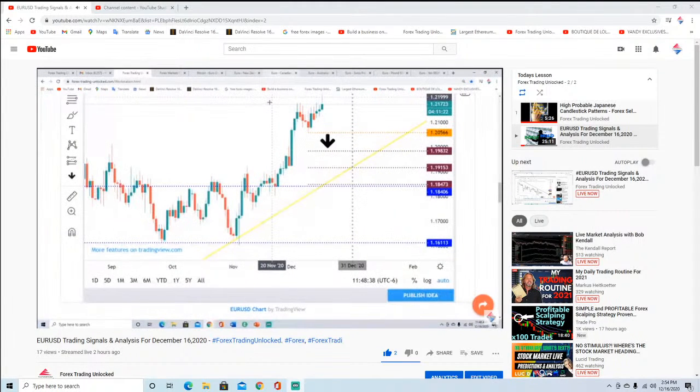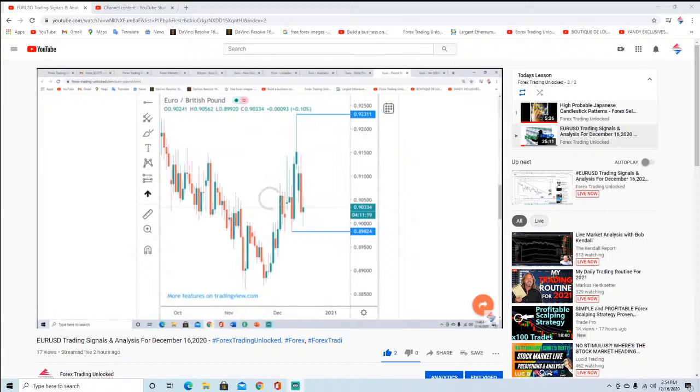So for the euro and the pound, the euro pound, as you can see, has been in a very volatile, wide range trade for the past couple of sessions. It topped out around 92.31 and had a low of 89.82 just a week ago.